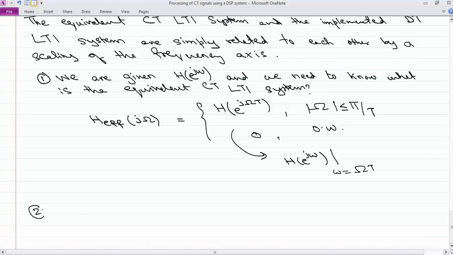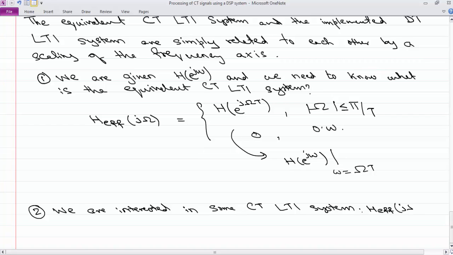And the second case is that someone gives you a continuous time problem specification. So we are interested in a desired continuous time LTI system. Someone says we are interested in a frequency response that is H effective of j omega.